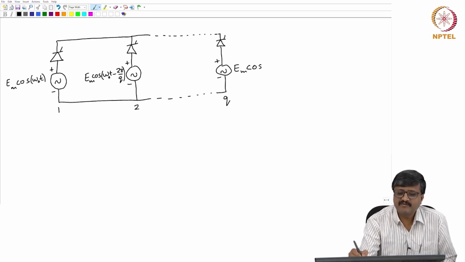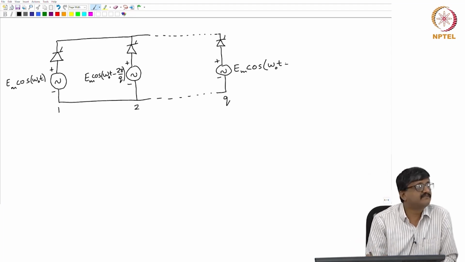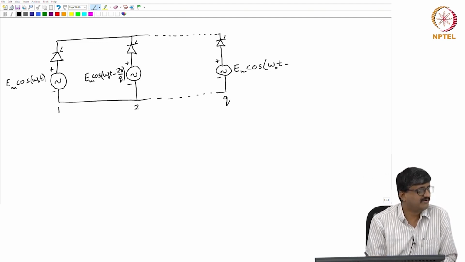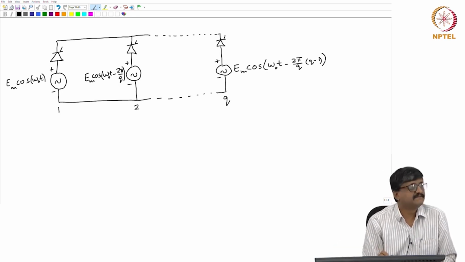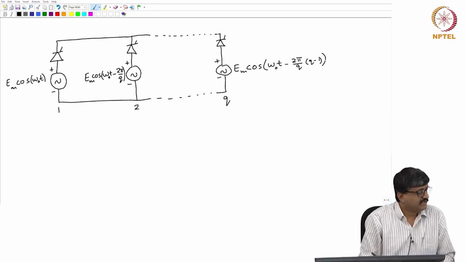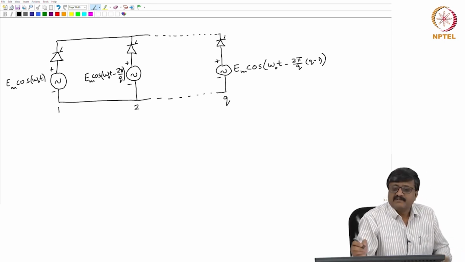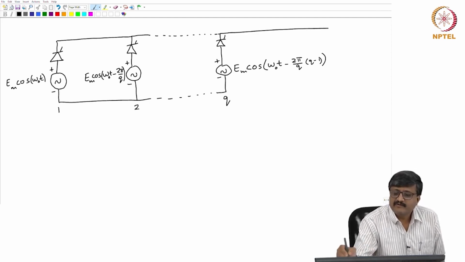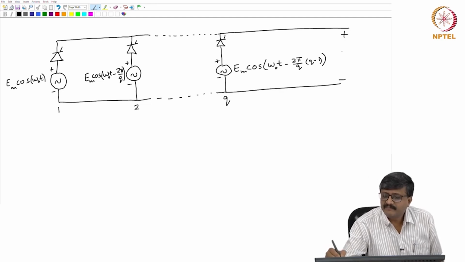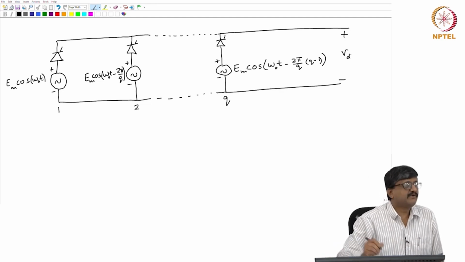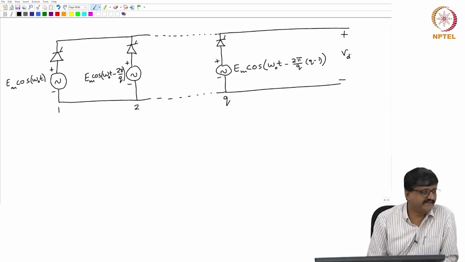So, this is Em cos omega ot minus, what is the phase angle? 2 pi by q into q minus 1. Right. So, if I take out these 2 terminals, these are the positive and negative terminals of the DC side. The voltage across the DC side is Vd.